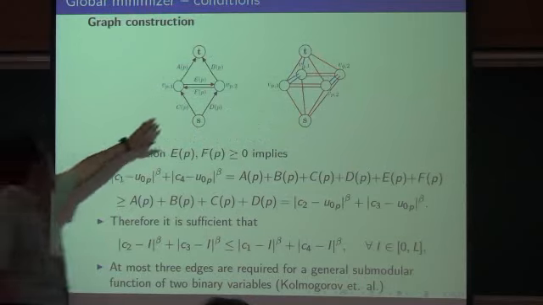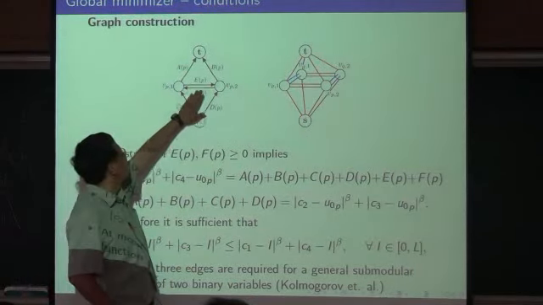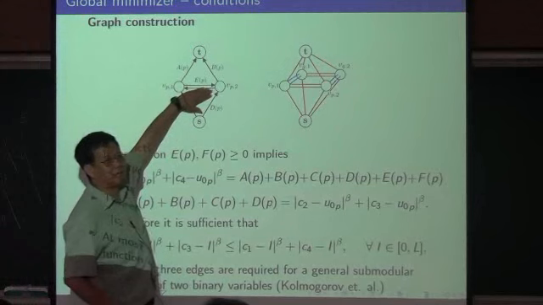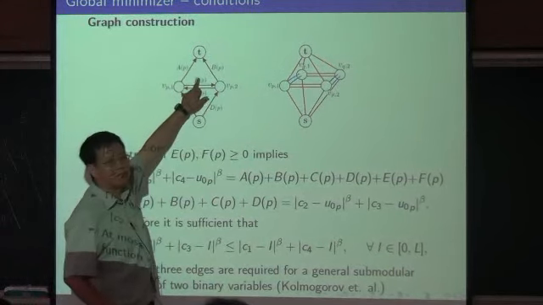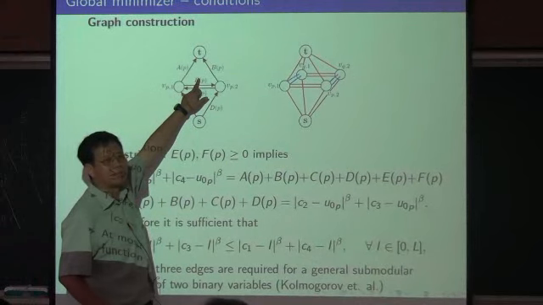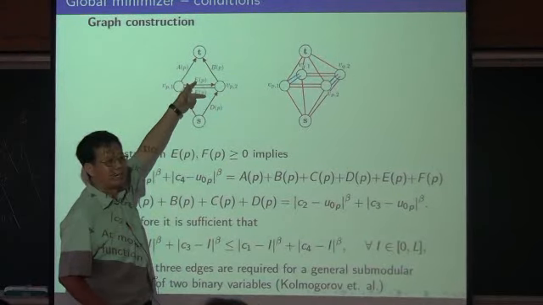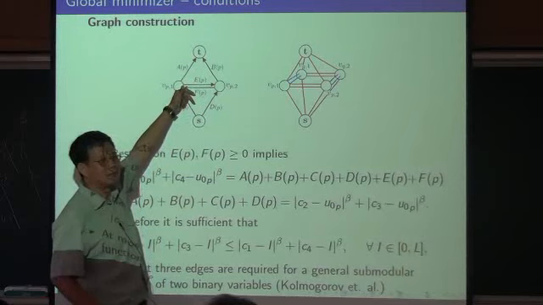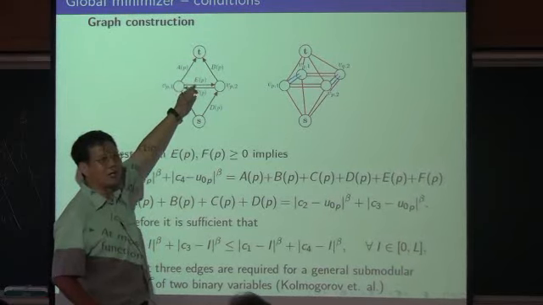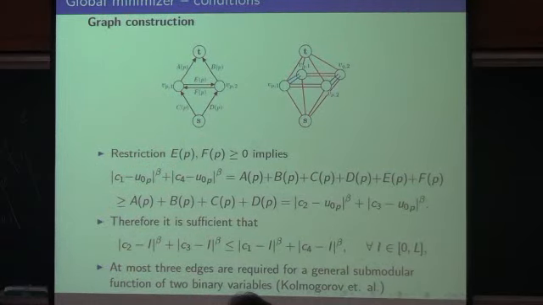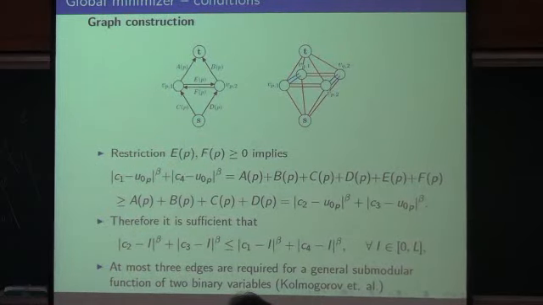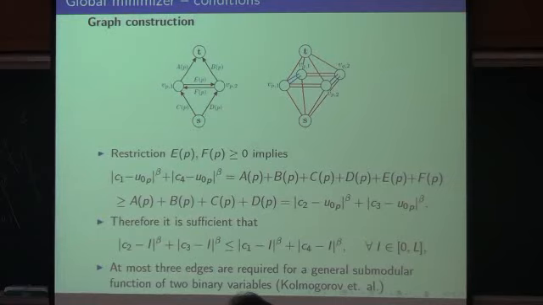If this is negative, we simply take that away. So we take away this one and then increase this one, and then guarantee that it's positive. If one of them is negative, we simply take it away and then construct another graph, and then we do several iterations. That is one way to get around this.